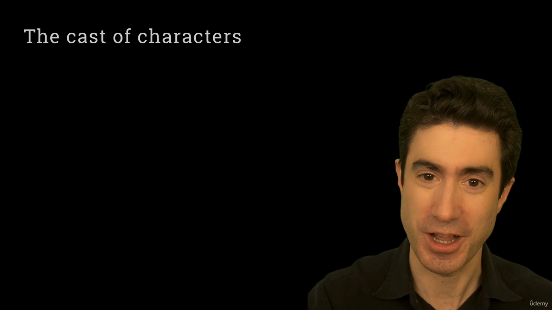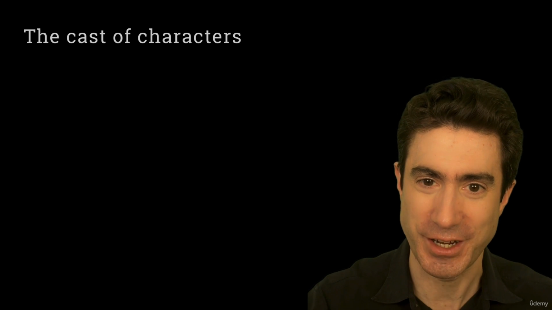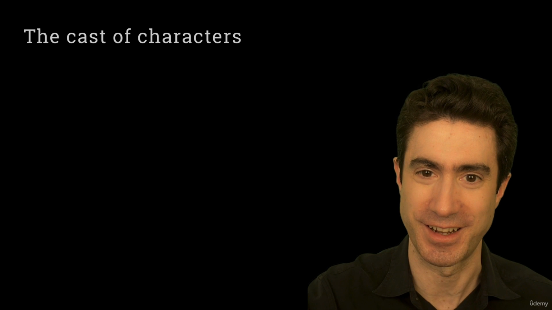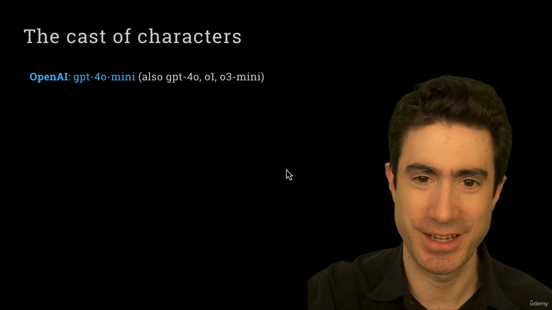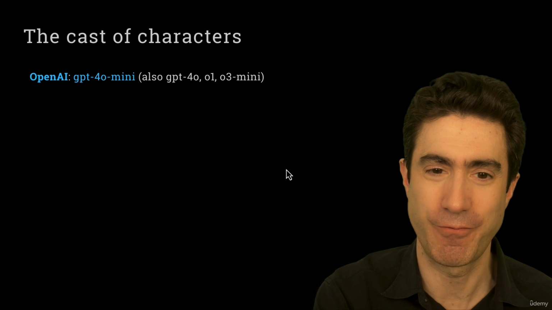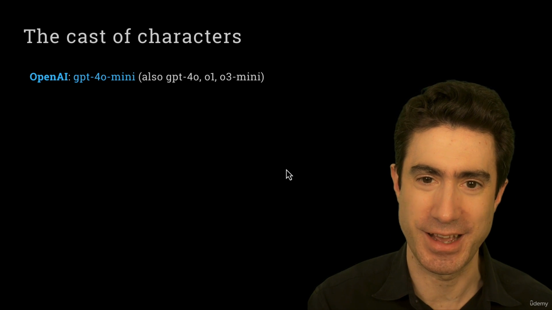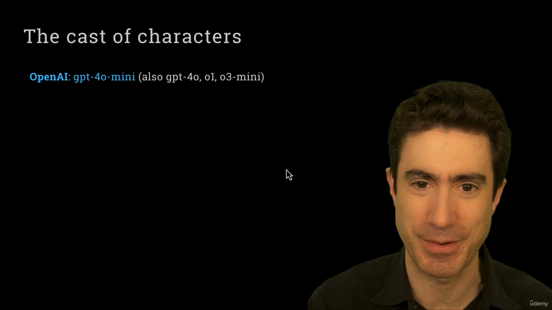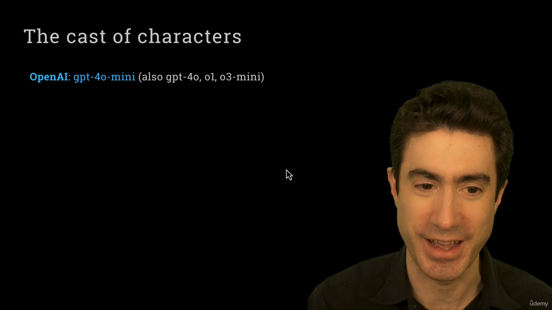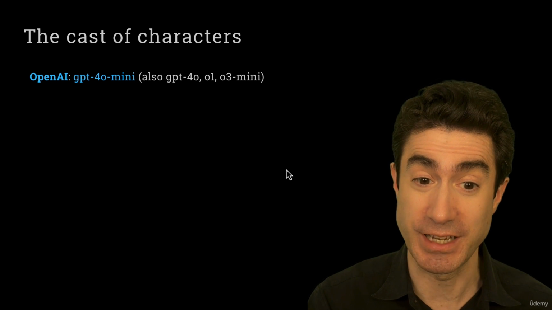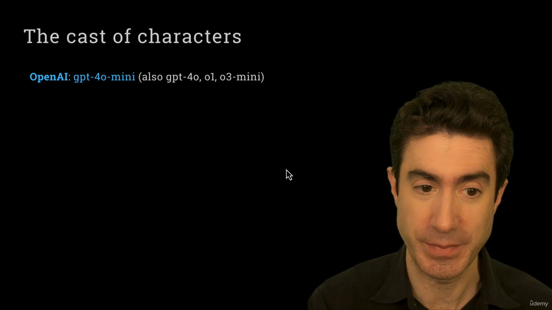So let's talk about the cast of characters, the different models that we're going to be experiencing now. The first model needs no introduction, really. It is, of course, the model GPT-4o Mini from OpenAI. We've already used it in a couple of calls. It's for sure the most well-known of the models out there. And of course, there's also GPT-4o, the bigger cousin of GPT-4o Mini.